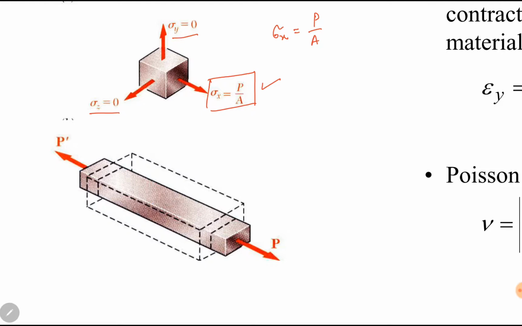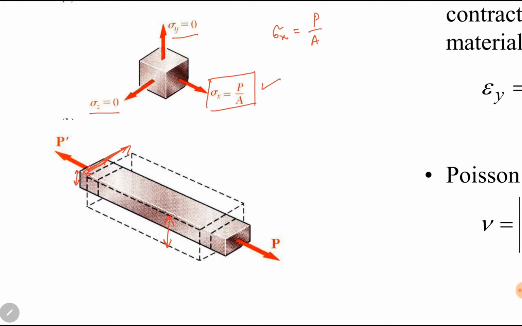There is a change in thickness and width in the y and z direction. We can see this is the new z and this was the old z. Similarly, change in y, this is the new y thickness, this was the previous y thickness. So thickness and width in the other two directions decreased as a result of increase in the length.